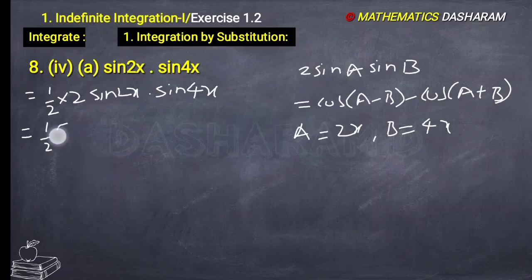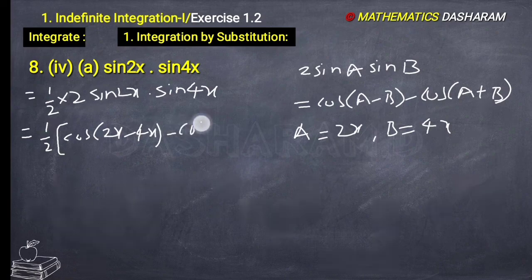So now apply it. So 1 by 2 bracket of cos 2x minus 4x, next to minus cos A plus B, 2x plus 4x.